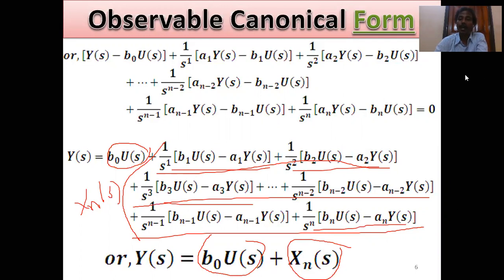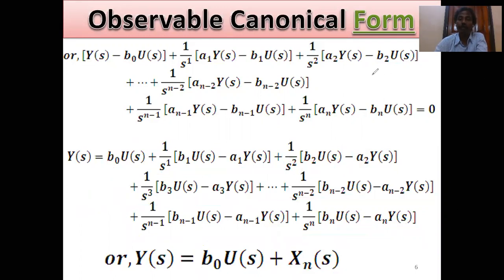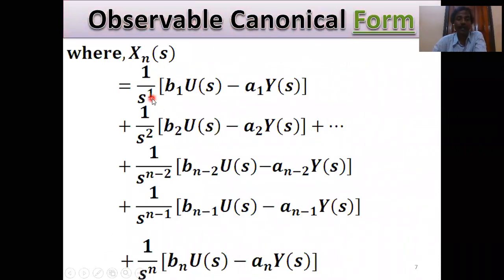These are the Xn terms. This is a repeated value. But when 1 by s is common, in the first case, then this is 1 by s, this is 1 by s to the power n minus 1, this is 1 by s only.